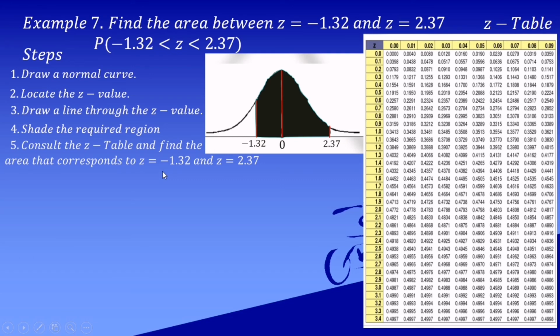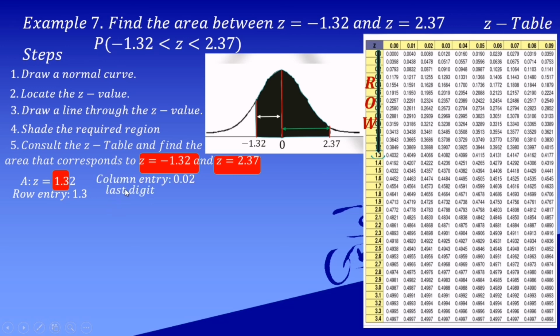Then consult the Z table to find the area that corresponds to Z equal to negative 1.32 and Z equal to 2.37. Let's use the positive value of Z instead of negative 1.32. The first two digits are our row entry, that is 1.3, and the column entry, the last digit, is 0.02.